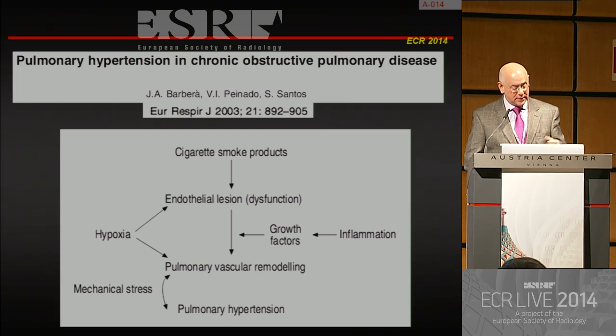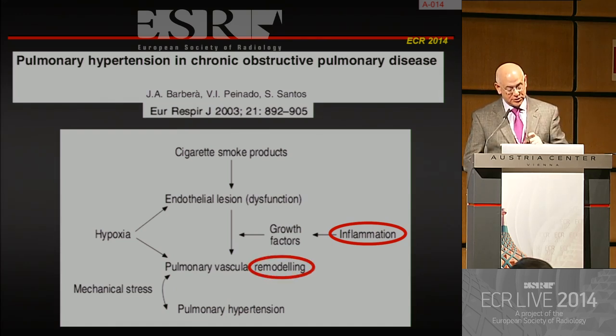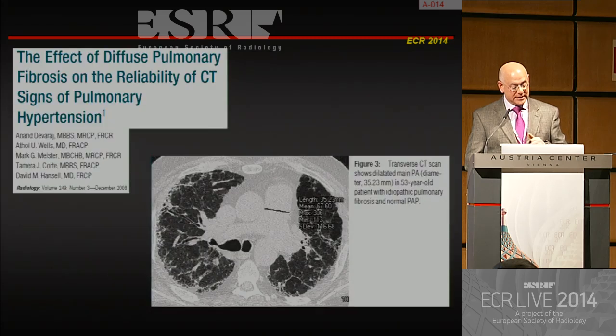This is an older paper investigating the relation between pulmonary hypertension that I mentioned and chronic bronchitis. Again, I would like to draw your attention that at the core of these models is the process of inflammation and the notion of remodeling of the lung. More recent papers have looked at a different kind of interaction in these remodeled lungs.